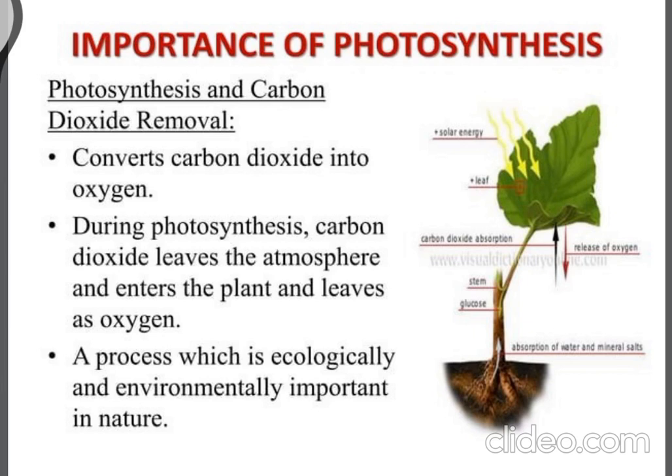Second, it is a process which is ecologically and environmentally important in nature. In other words, it is important for the environment and ecological nature.